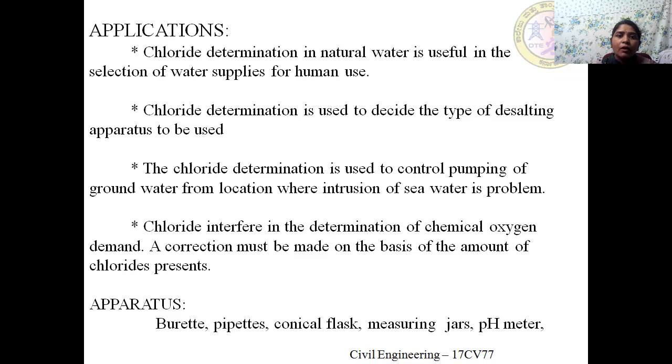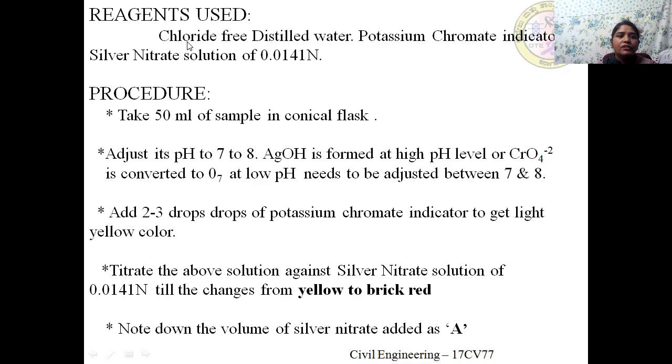Now, moving on to the experimental procedure, what apparatus is required in the laboratory? We need a burette, pipette, conical flask, measuring jars, and pH meter. Reagents used: chloride-free distilled water, potassium chromate indicator, K2CrO4, and silver nitrate solution, AgNO3, of 0.0141 normality.